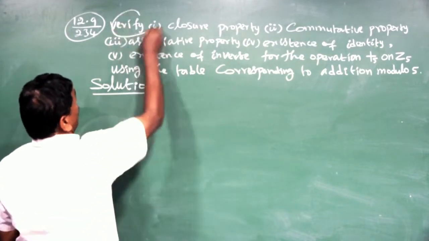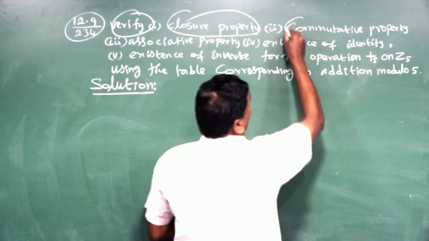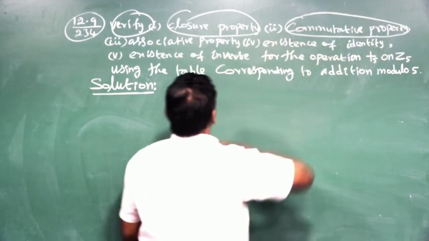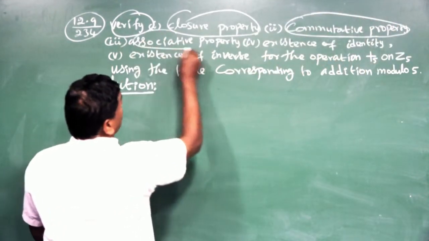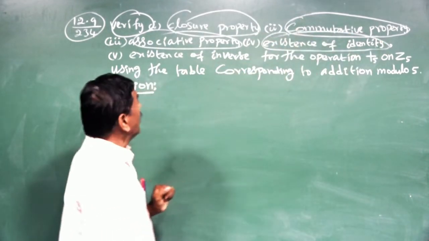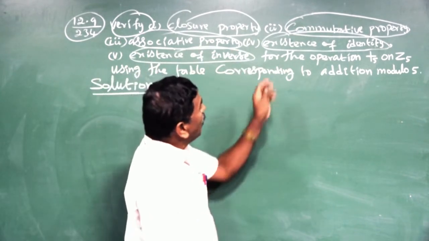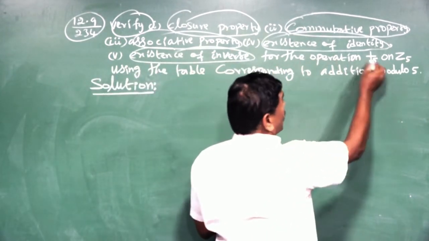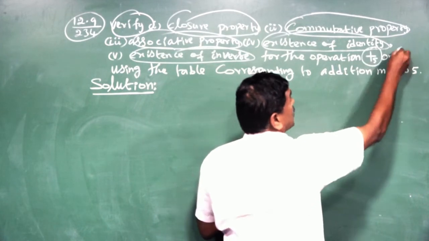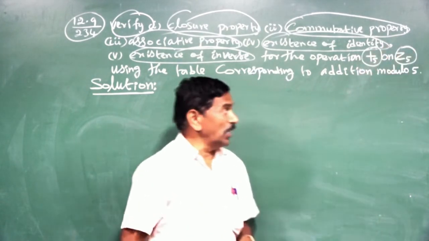Listen, verify closure property, commutative property, associative property, existence of identity, next existence of inverse for the operation plus 5 on the set Z5. Okay.